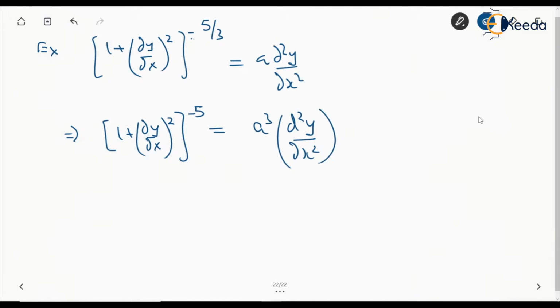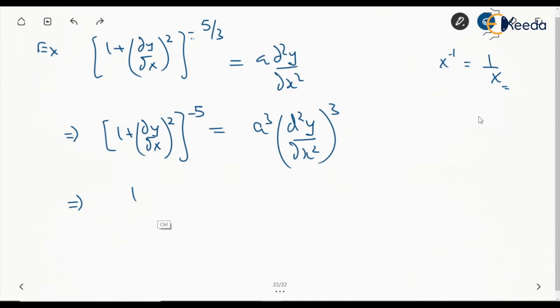Now this minus 5 also has to be removed, so we can say, if it is x to the power of minus 1, it is 1 by x, right? So this is nothing but 1 by such and such factor, so I'm not writing in that manner.